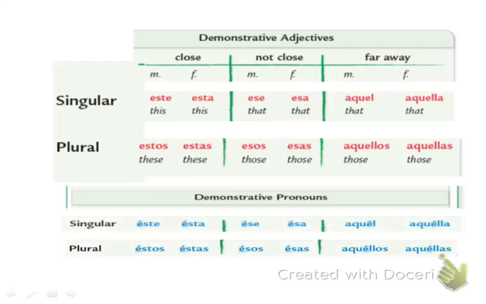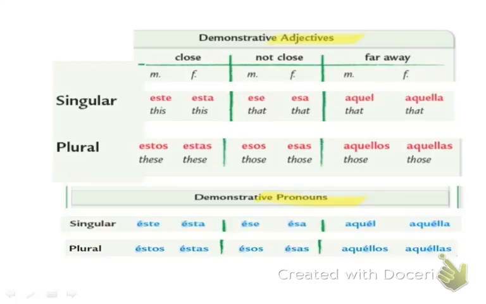They are the exact same word from este to este. They just get accents. Now, why would you use the one without an accent versus the one with an accent? Well, if you look on there, we have the title adjectives and we have the title pronouns. An adjective does what? Describes a noun.